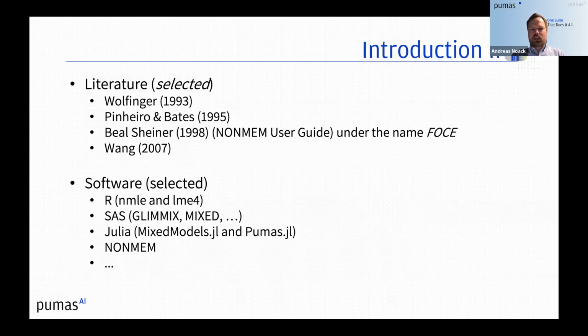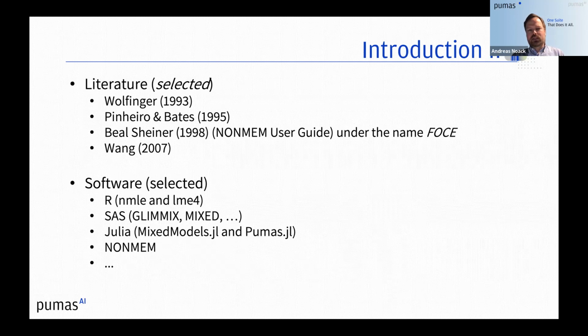And then in a slightly different setting, it was also treated and analyzed in Pinheiro and Bates in '95. Beal and Scheiner introduced it in NONMEM in the fourth version of this software package, and it's then described in the manual there in '98 and named FOCE there.